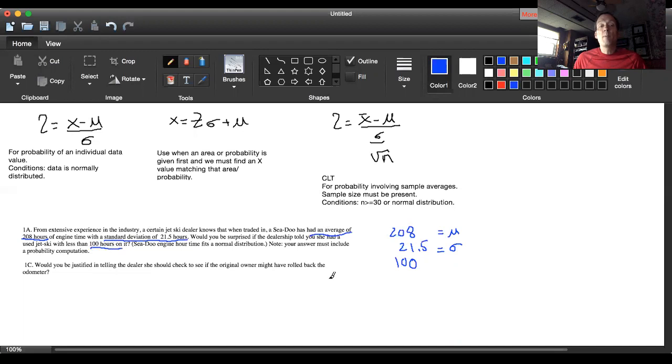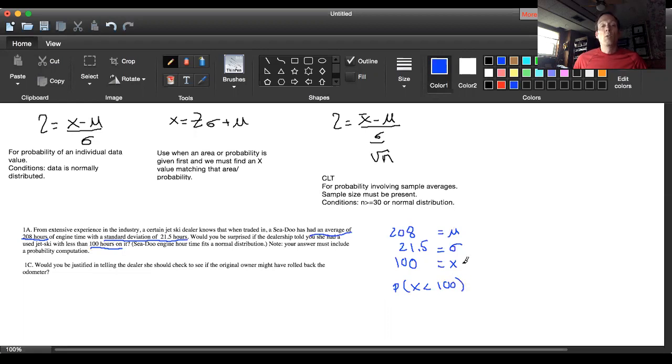Because they're mentioning this in the context of a jet ski, it means one single jet ski, so my 100 is going to go with my X. That's going to be really helpful when I figure out what formula to use. What they're trying to get me to figure out is the chance that any given jet ski will have less than 100 hours on it.